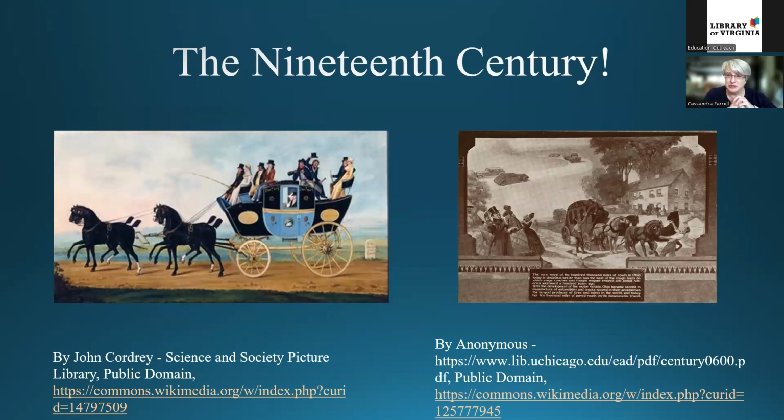There were a number of stage roads that were constructed specifically for stagecoach use because stagecoaches also transported the United States mail. And of course, you have a picture over here on my right, which shows a stagecoach stopping off in front of a tavern in Ohio.